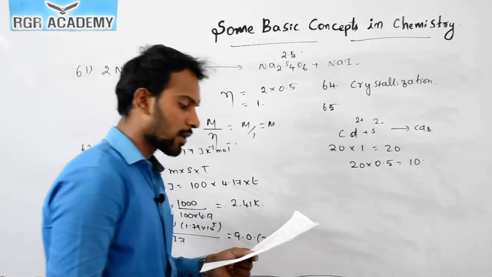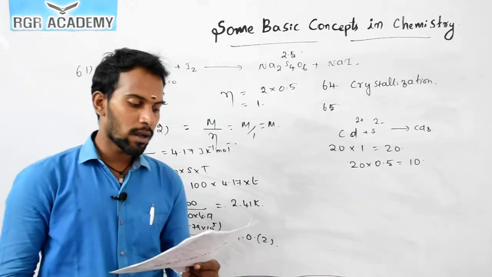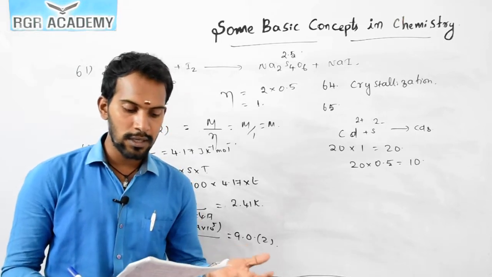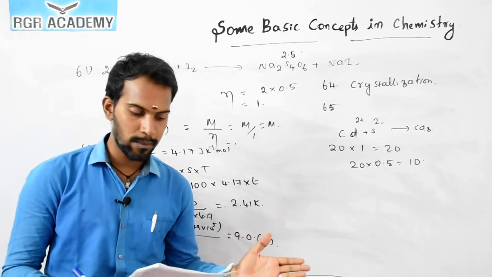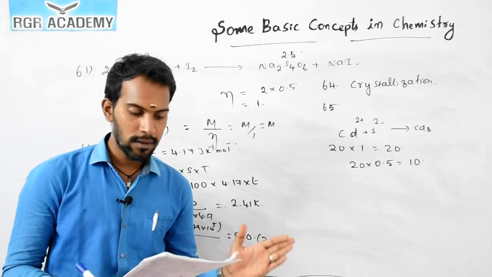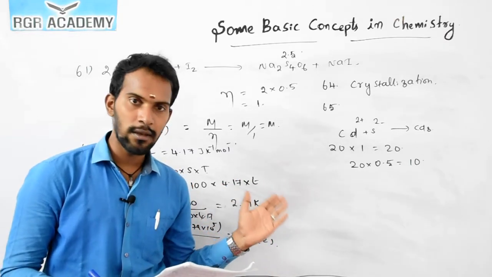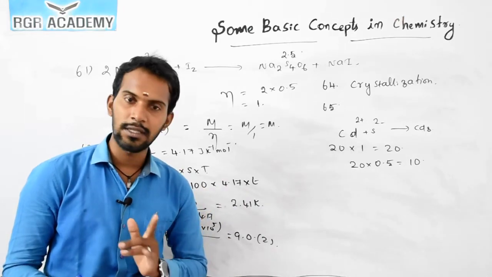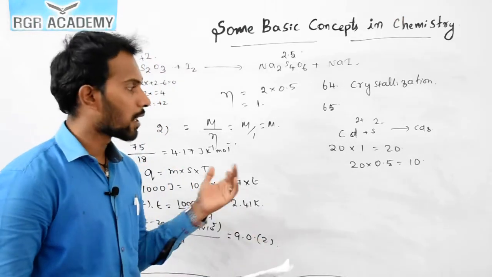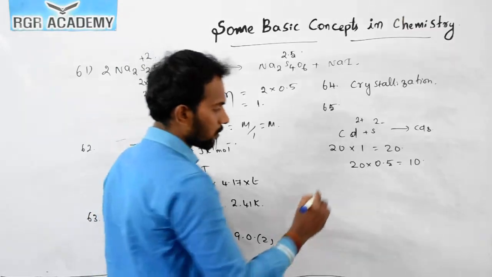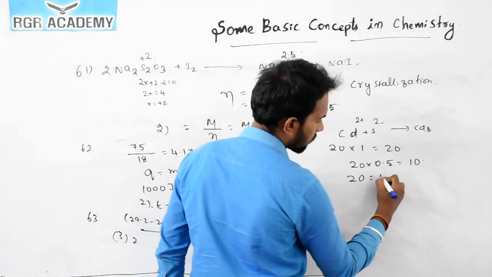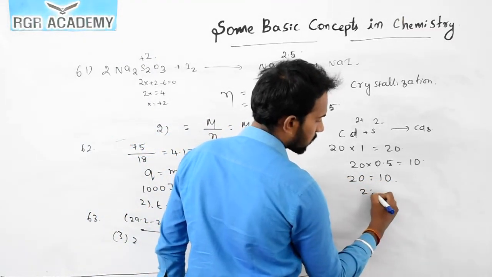So the ratio is 20, the concentration of 20 ml of cadmium nitrate, the common ion which is sulfur, right? So if it is 20 and this sulfur which is 10, the ratio is 20 is to 10, the ratio is 2 is to 1.